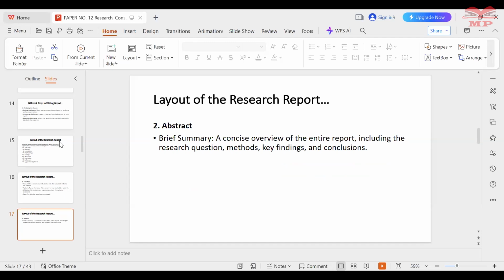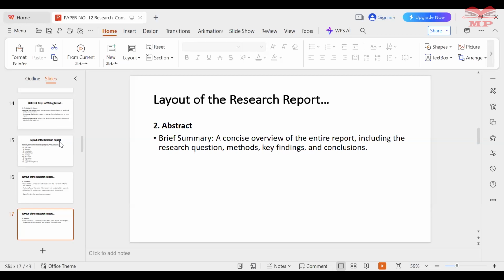Number two, abstract. So an abstract is a brief summary, a concise overview of the entire report including the research questions, the methods, key findings, and conclusions.